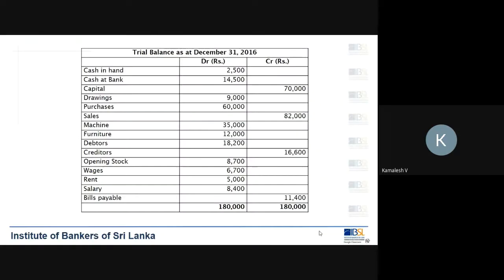And this is how it will look like. I think the date should be 2018, but the answer is same. Any questions?